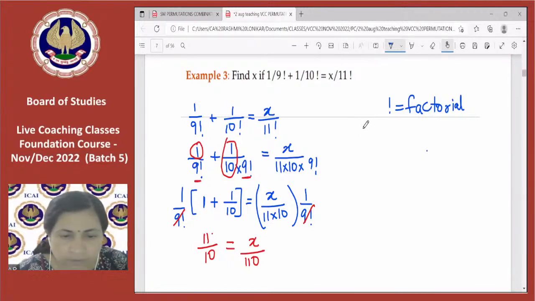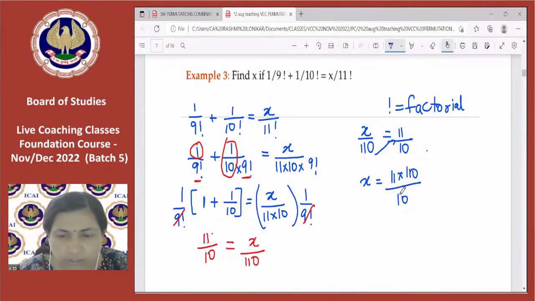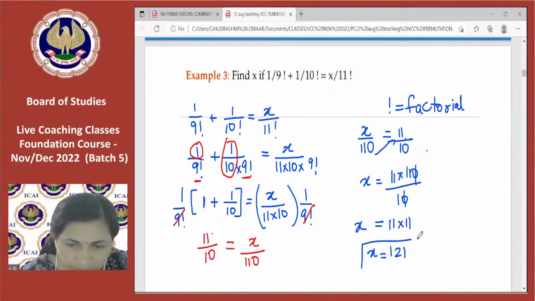So x upon 110 is equal to 11 upon 10. Cross multiplying, I take the 110 to this side and get x is equal to 11 into 110 upon 10. This 0 and this 0 cancel. I will have x equal to 11 into 11, or x is equal to 121.